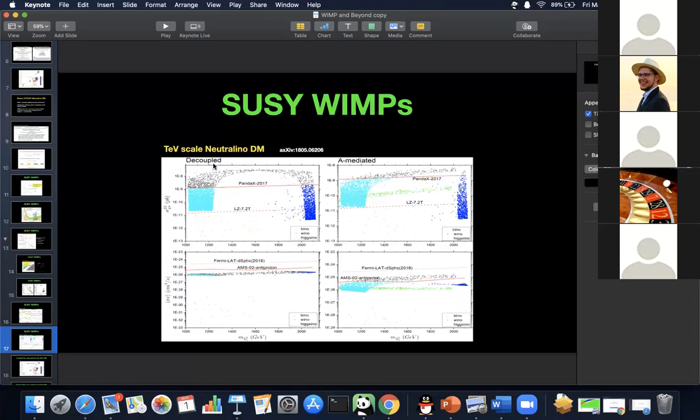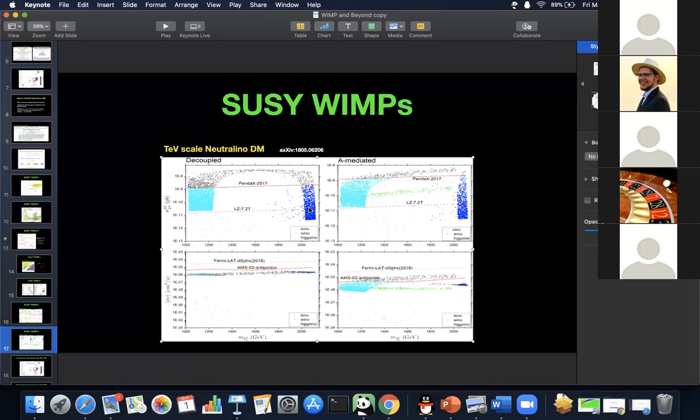It is a decoupled scenario, which means we only keep the dark matter neutralino sector and other particles are decoupled. We see that the LUX-ZEPLIN experiment will be able to exclude the Higgsino dark matter case and give very strong constraints on the Wino dark matter.